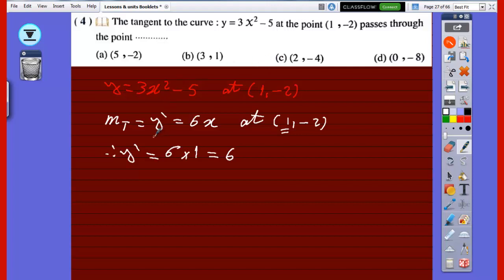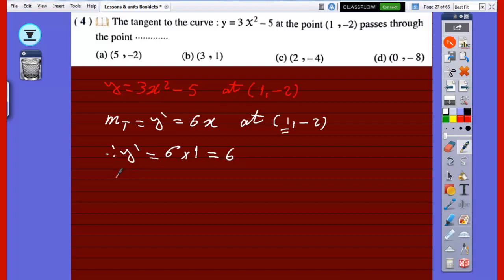First, we'll calculate the slope of the tangent to the curve. It is the first derivative of this equation. So y dash equals 6x minus 0, of course. At the point (1, negative 2), we calculate y dash. Y dash equals 6 multiplied by 1, which equals 6.